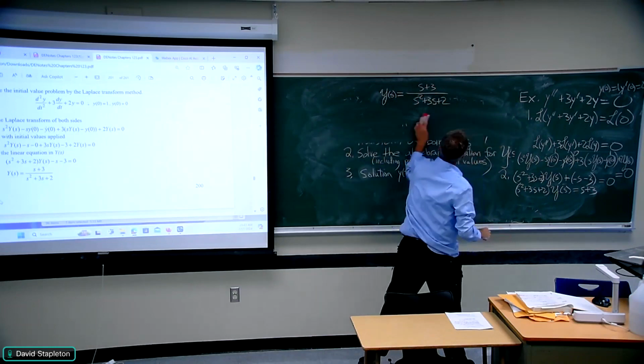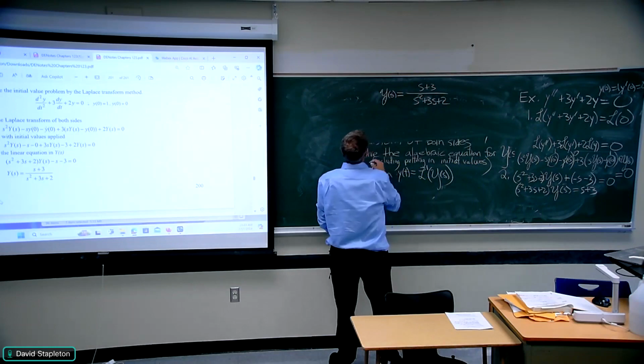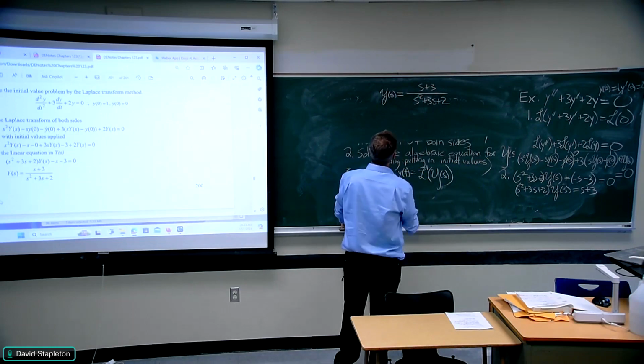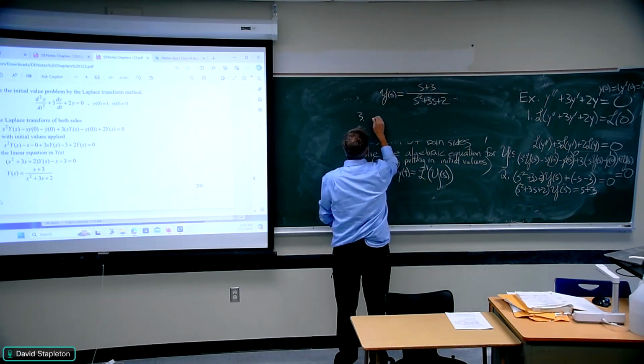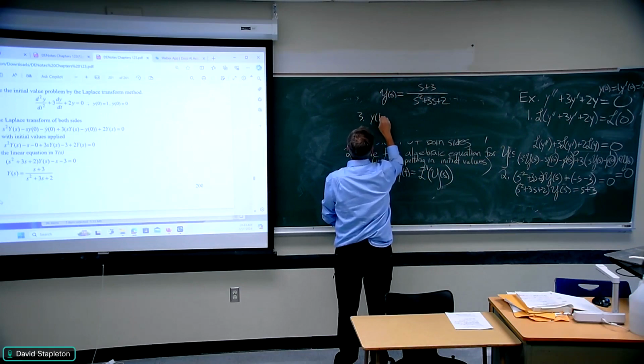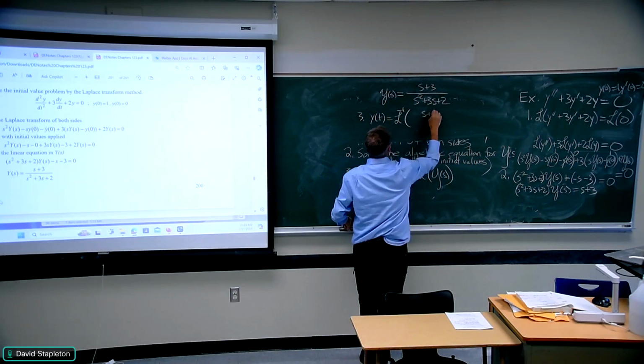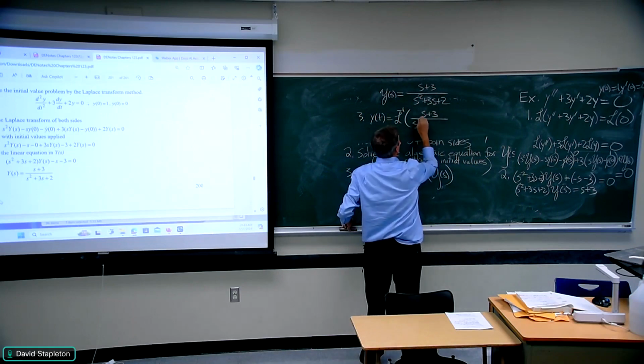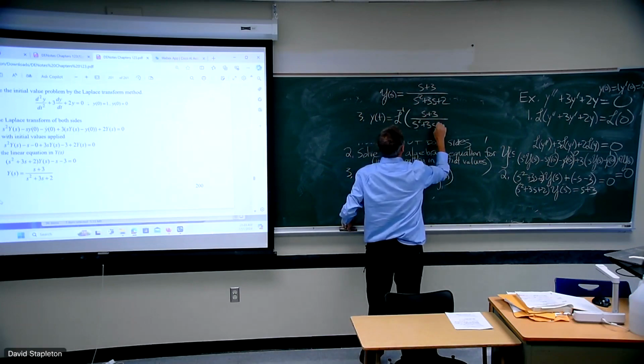All right, so that's step 2. And now, in step 3, we simply say that y of t, the solution of the initial value problem, is the inverse transform of that, s plus 3 over s squared plus 3s plus 2.